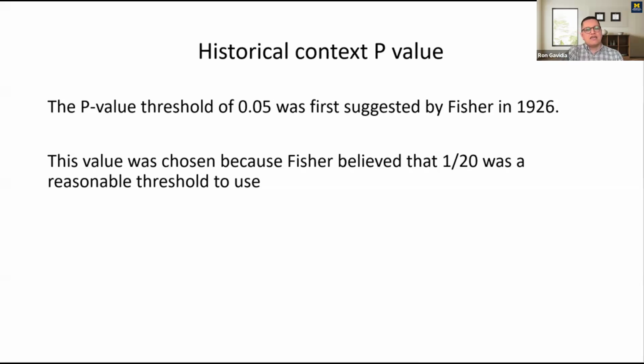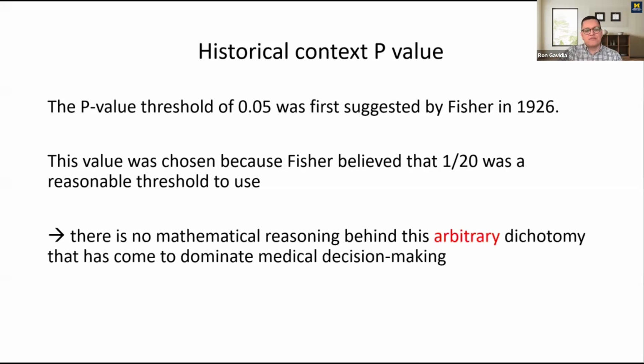He thought that perhaps 1/20, which means 0.05, was a reasonable threshold to use, but there's actually no mathematical reasoning for that. It's just an arbitrary dichotomy to say what can be statistically significant and what cannot.